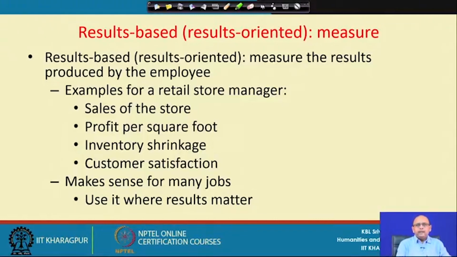That is how you see whether the person has been able to meet the performance standards or not, and that is how his performance is going to be measured. So, we have been talking about two kinds of measures, behavior-based measures and result-based measures. The result-based measure is linked with the behavior, because if you are not going to engage in certain behaviors, you cannot expect these results to be achieved.